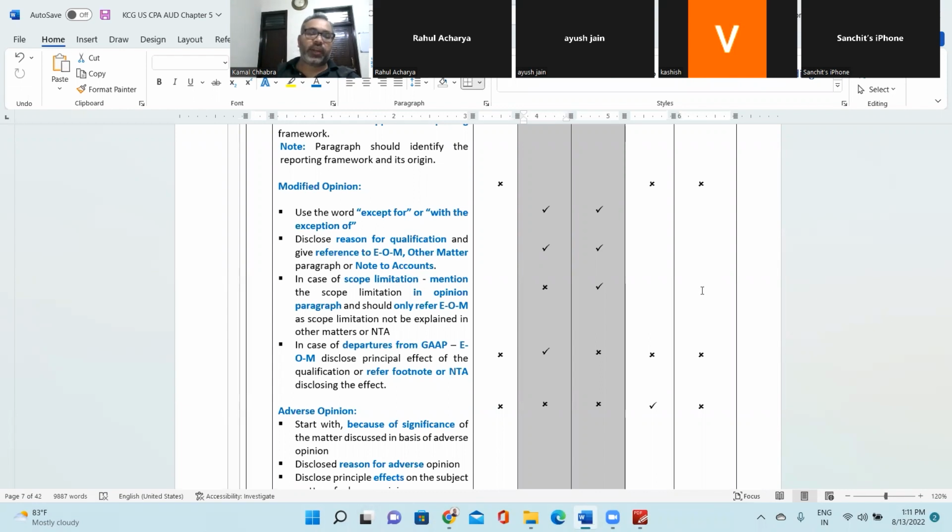So in that scenario, you'll be specifically mentioning in the scope limitation paragraph that this much amount of inventory is lying in the Ukraine plant, or maybe with a job worker in Ukraine, which we were not able to verify. You'll be giving the detail in the emphasis of matter paragraph, and in the qualification paragraph you'll be giving the reference to the emphasis of matter paragraph.